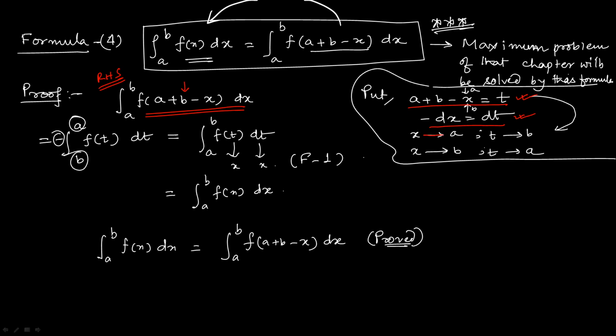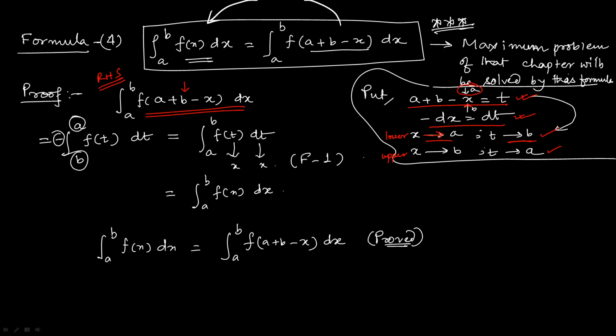Now x is tending to a, this is my lower and this is my upper limit. So obviously x tends to a means t tends to what? Put a here, so a cancelling, t is tending to b. Now when x is tending to b, then what should be the value of t? Here I am putting b, so b and b cancelling, I am getting a.